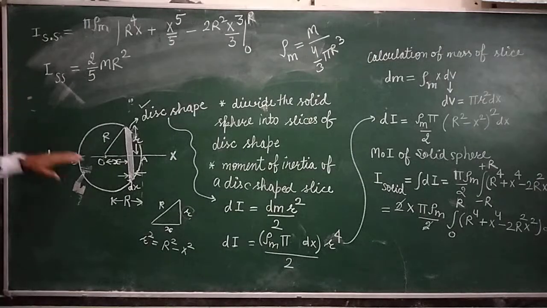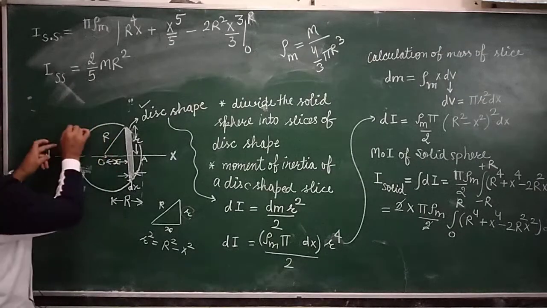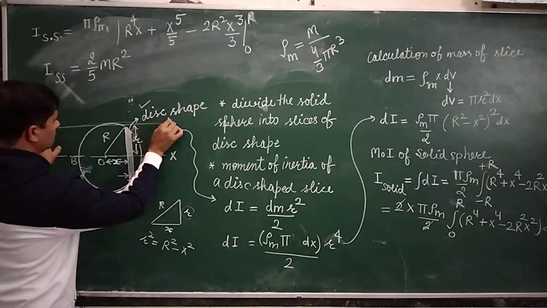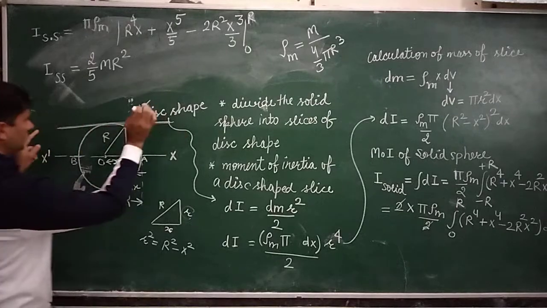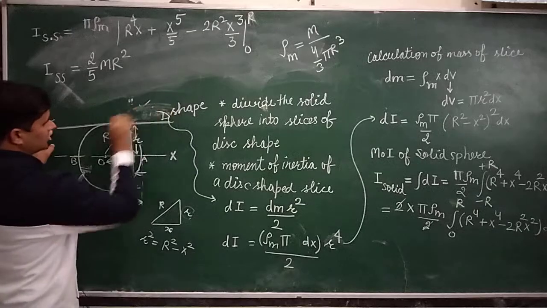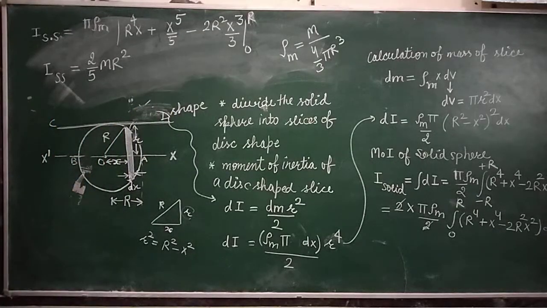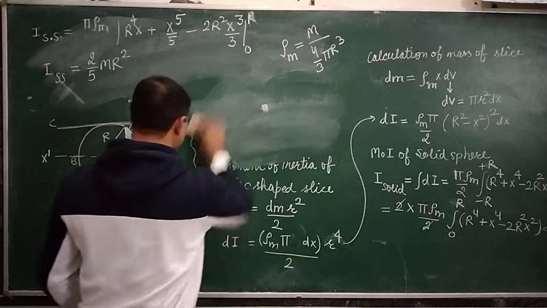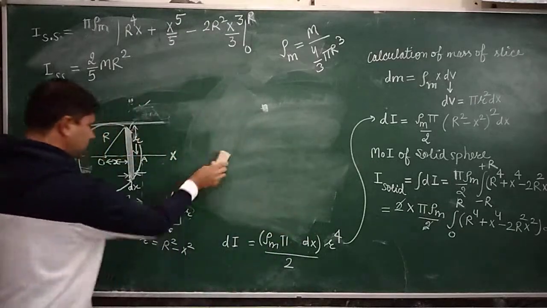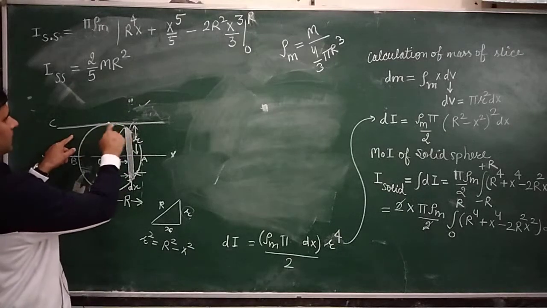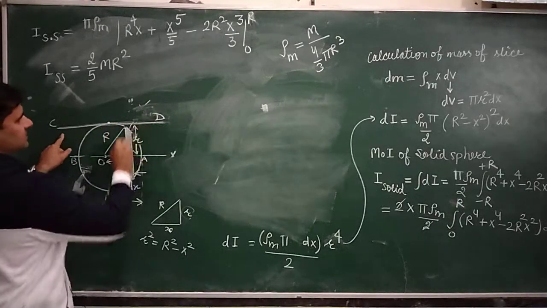Now if you have the axis of rotation which is along the tangent, and suppose this axis is CD, then you will make use of the parallel axis theorem to find its moment of inertia. So here we have an axis which is passing through a point on the curved surface, and this is CD.